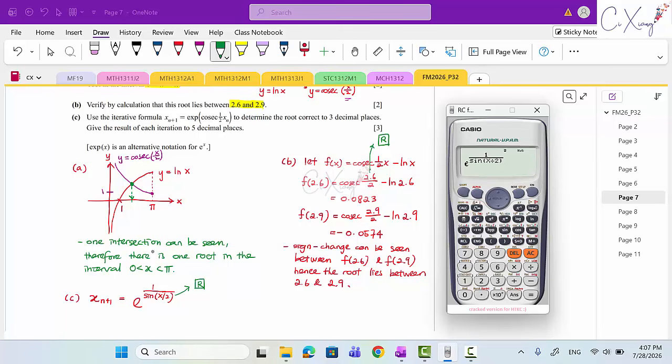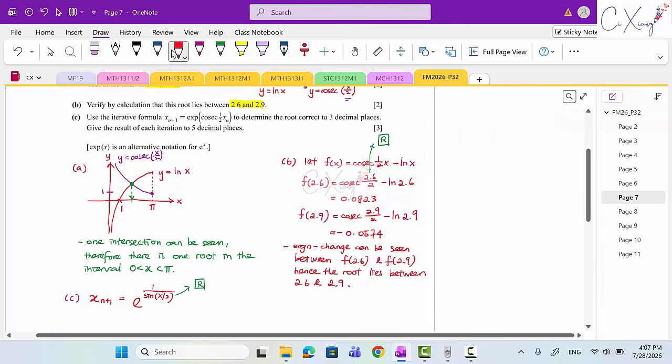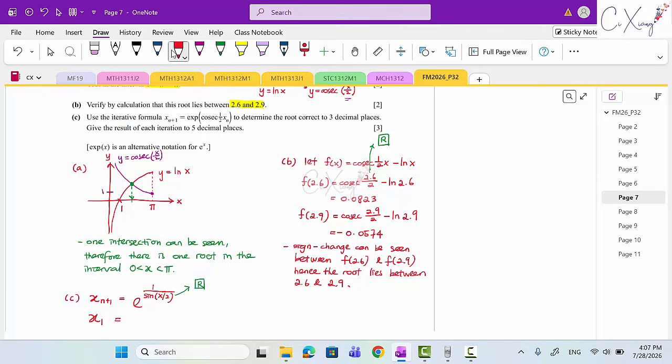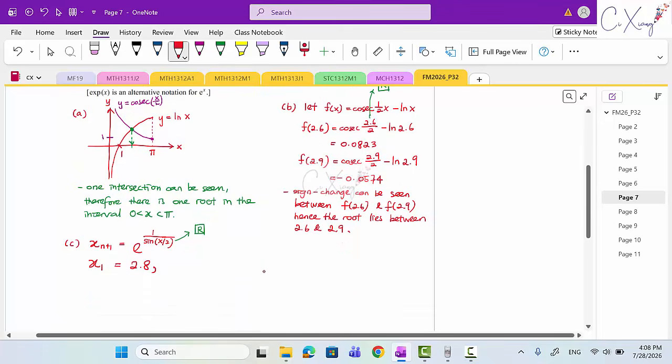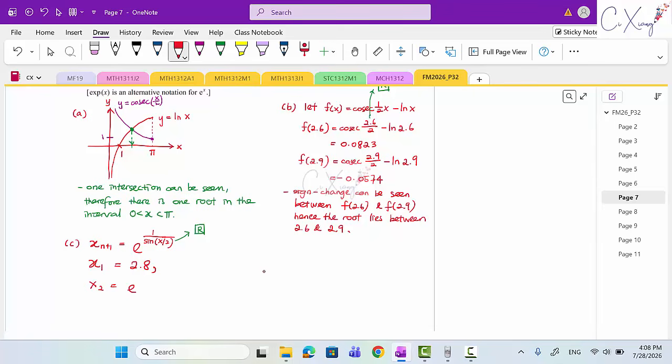For my example here, I take 2.8, so I let x1 equals 2.8. Then how can I get x2? Basically I have to put 2.8 into my equation. That means I'm having sine of 2.8 divided by 2, which is 1.4, then cosecant 1.4 for the power of the e.